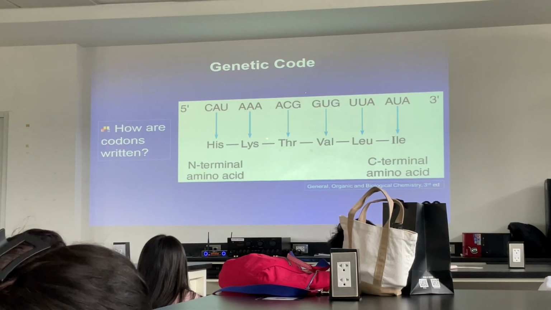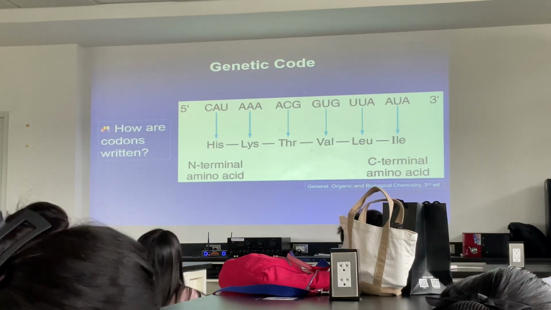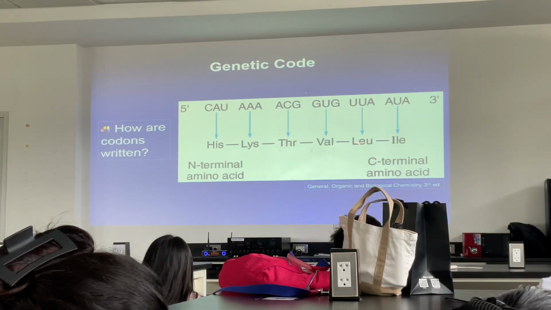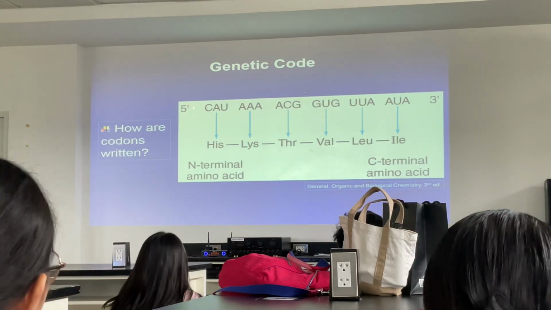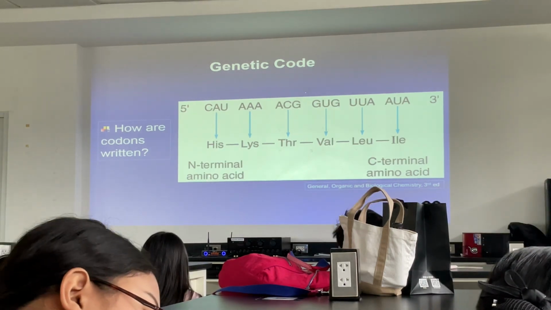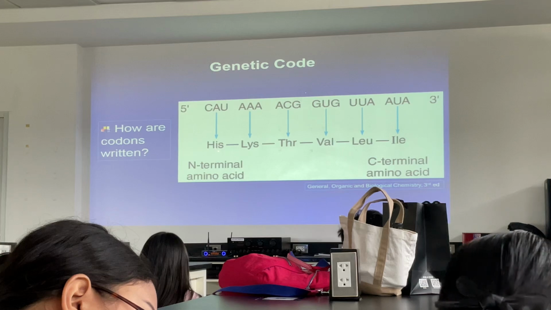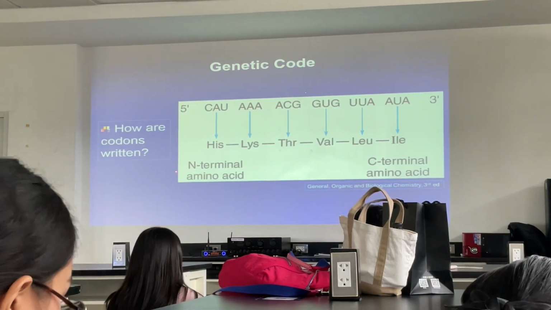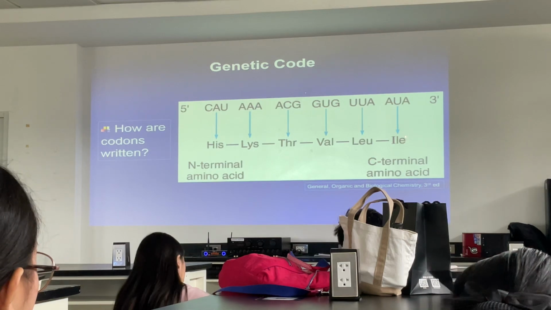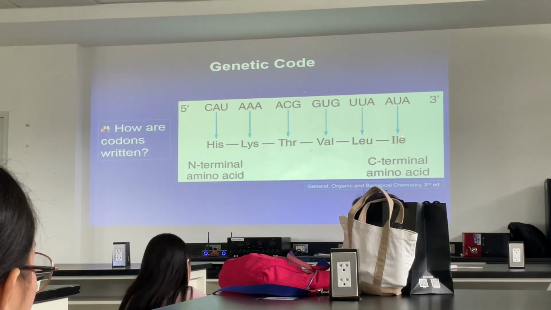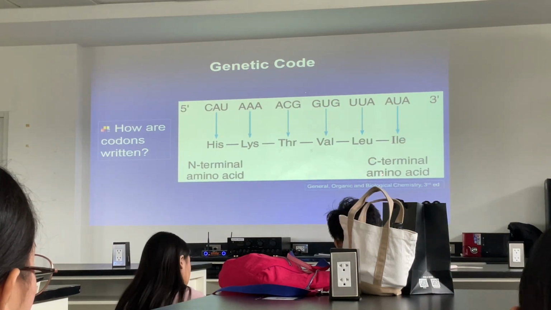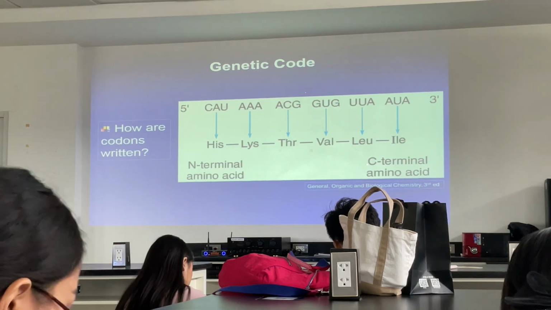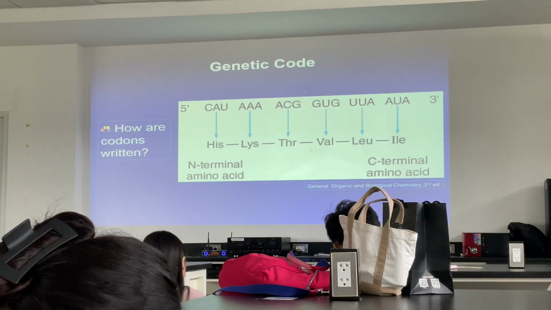So you have a hexapeptide. And the first amino acid in the hexapeptide, at the 5' end, is the amino acid found at the N terminal, meaning the amino terminal, while the last amino acid, found at the 3' end, is the amino acid at the C terminal or the carboxyl terminal.